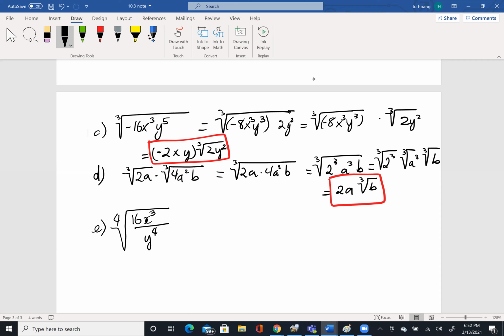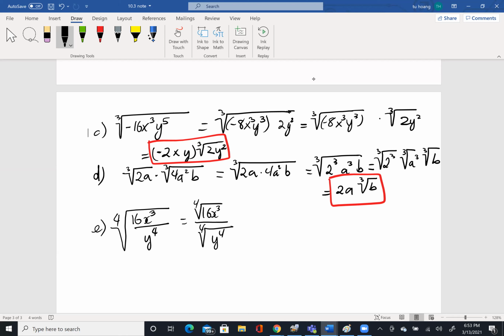Apply the quotient rule here. I think the best way right now is to apply the quotient rule, because you cannot cancel anything in the radicand, right? So I will have the fourth root of 16x cubed divided by the fourth root of y to the power 4.